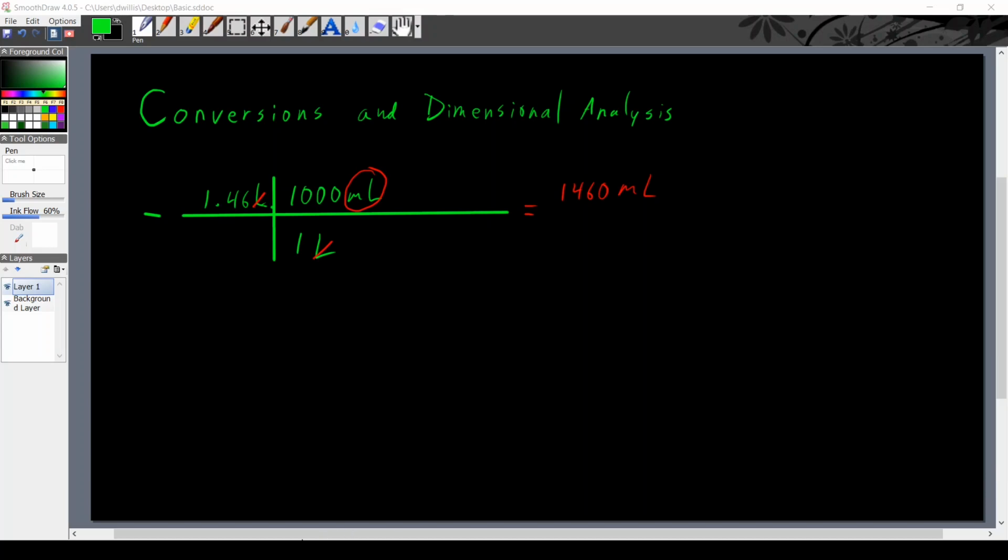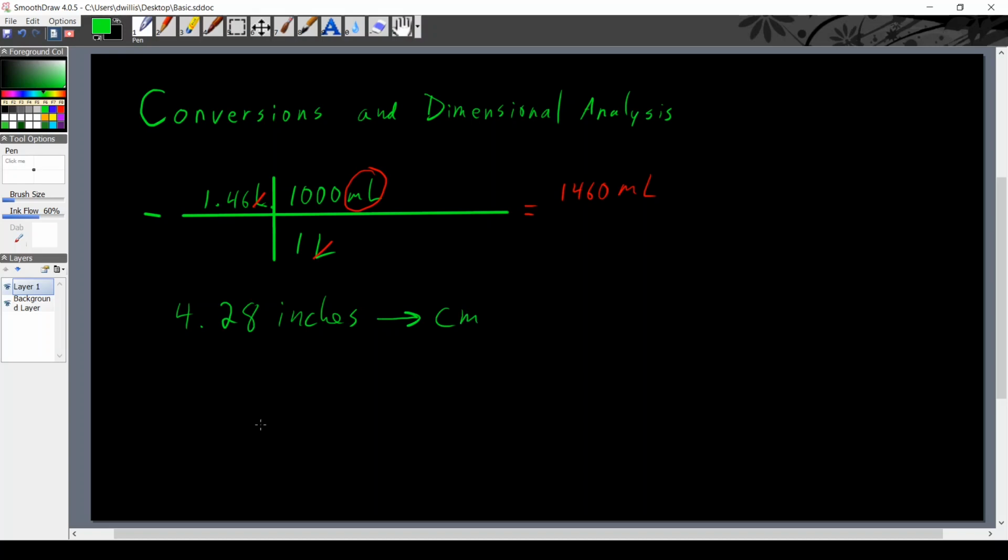So if I wanted to convert inches into centimeters, let's take a look at how we would do that. Let's say that I measure something and it turns out to be 4.28 inches. But I need to convert that into centimeters.